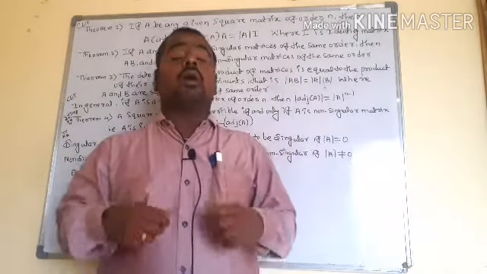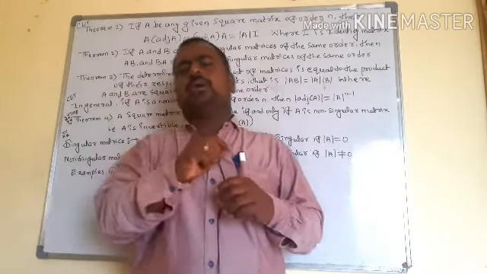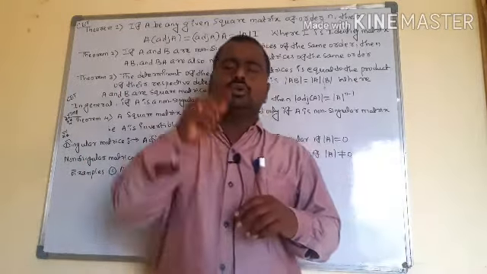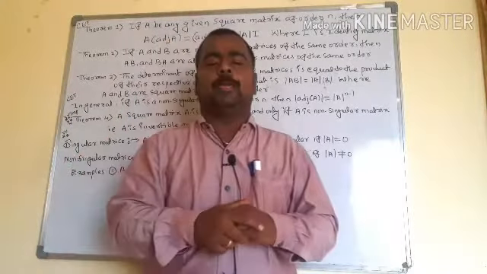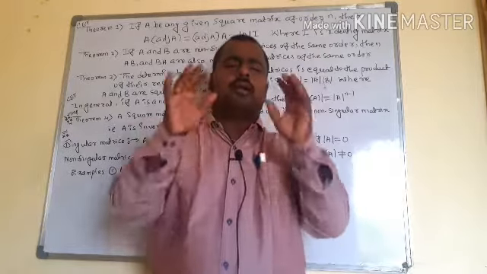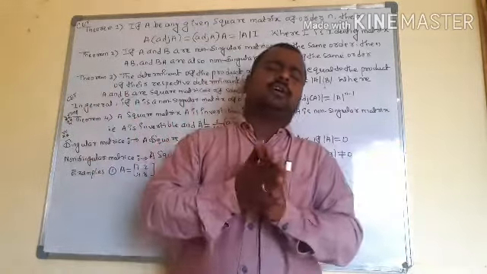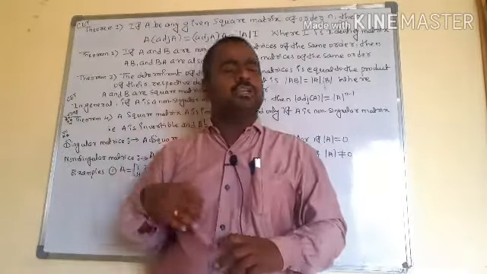In that case, A inverse is equal to 1 divided by determinant of A into adjoint of A. This theorem and this formula, 200 percent, they will definitely ask, because we express two main concepts on this.